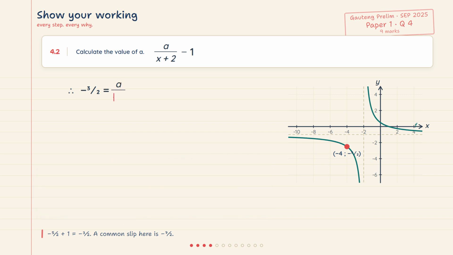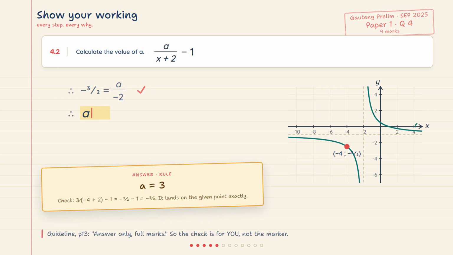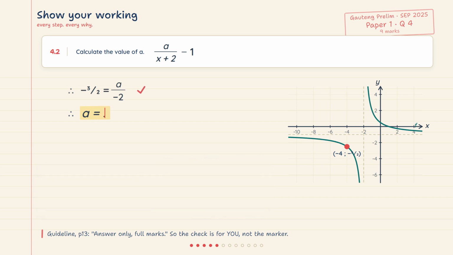Underneath, minus 4 plus 2 is minus 2. On the left, add 1 to minus 5 halves. That is minus 5 halves plus 2 halves, minus 3 halves. So minus 3 halves equals a over minus 2. Multiply both sides by minus 2. Minus 3 halves times minus 2 is plus 3, so a is 3.